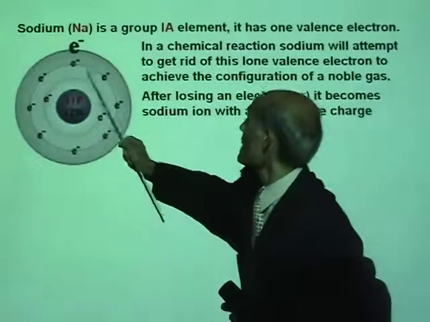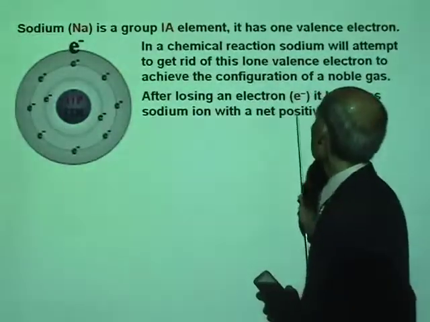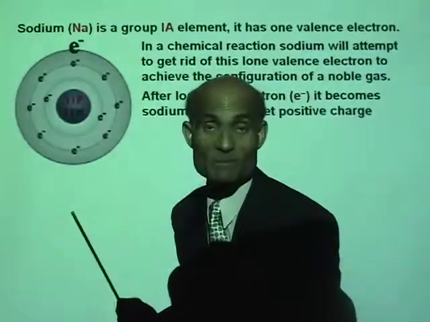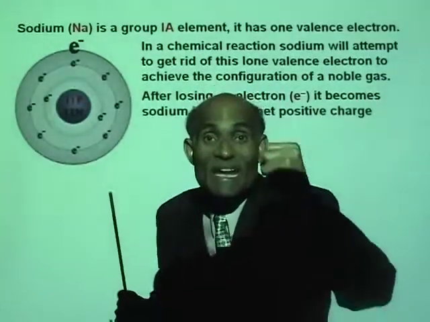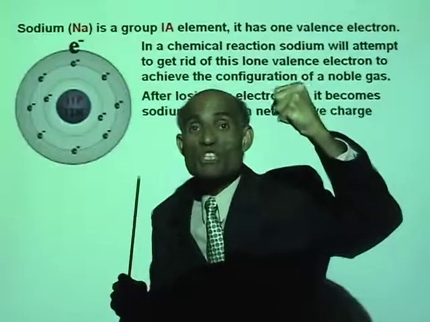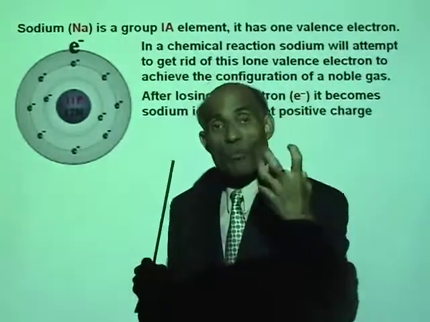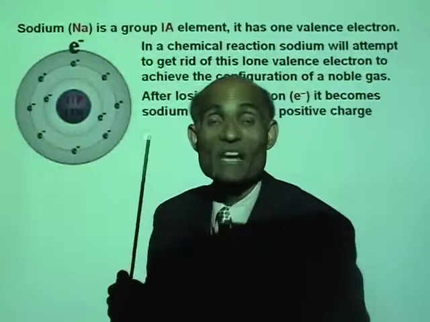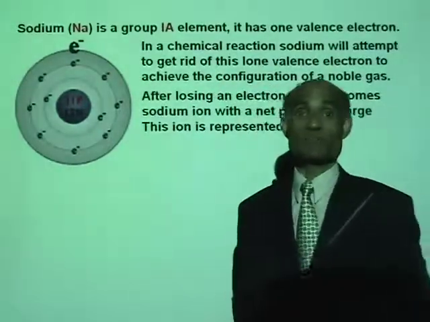That means the remaining sodium is actually a positive ion. When a sodium atom gets rid of an electron, that electron is a negative ion, and what remains is a positive ion. It has a net positive charge.